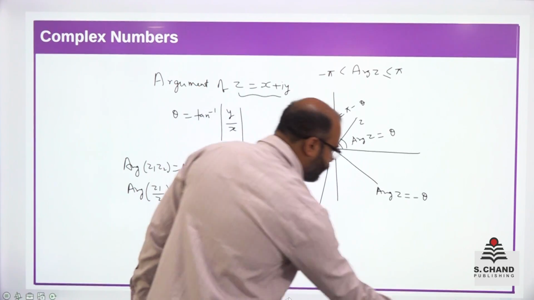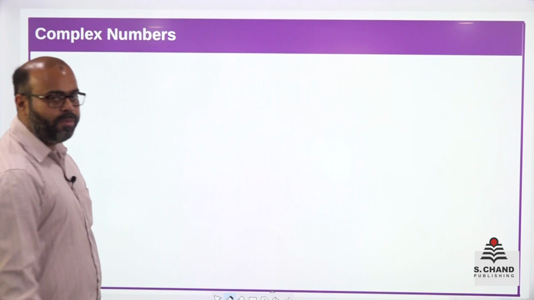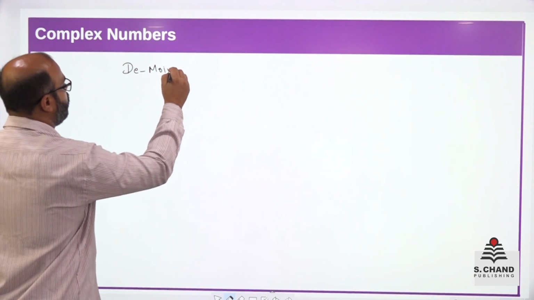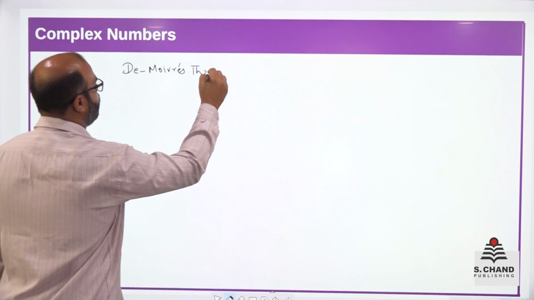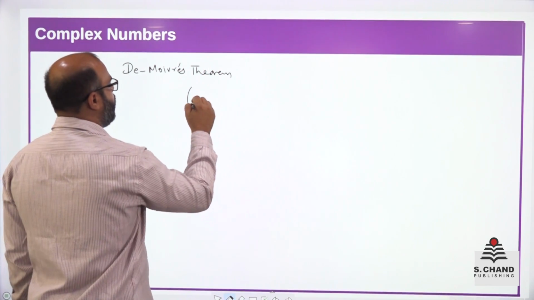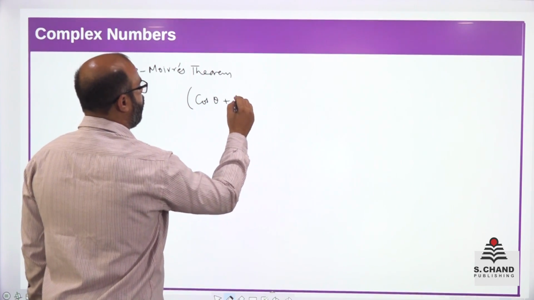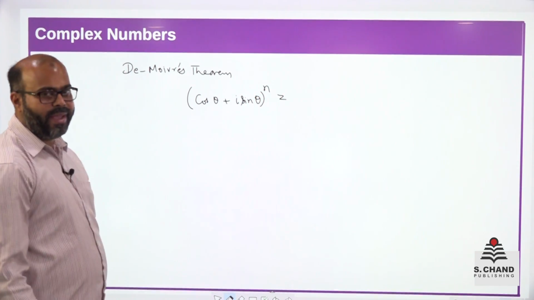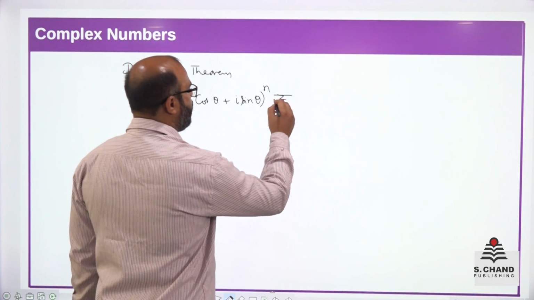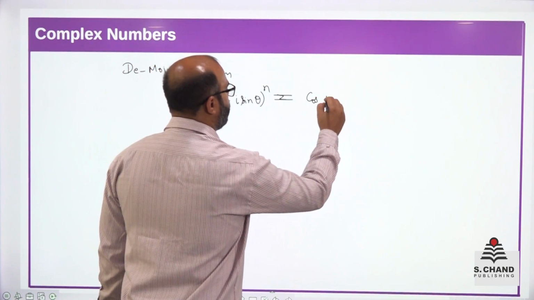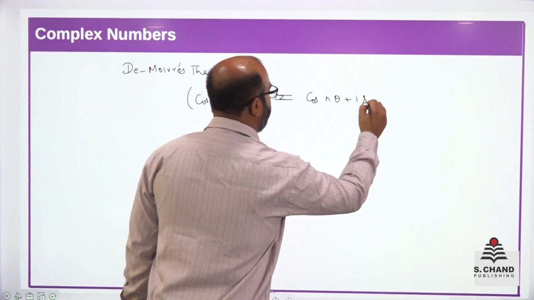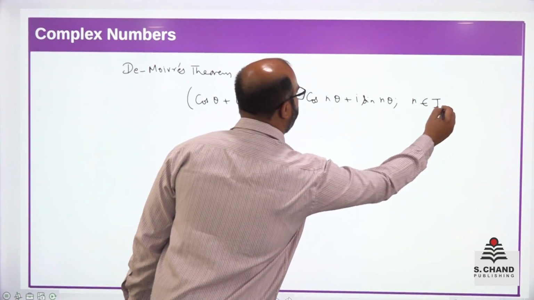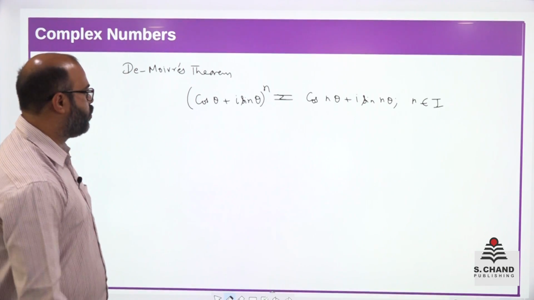Next we have here is de Moivre's theorem. So what is de Moivre's theorem? De Moivre's theorem says that if you take in polar form a complex number cos theta plus i sin theta raised to the power n, where n is any integer, then this will be cos n theta plus i sin n theta, where n is belonging to any integer, positive or negative or 0 also.